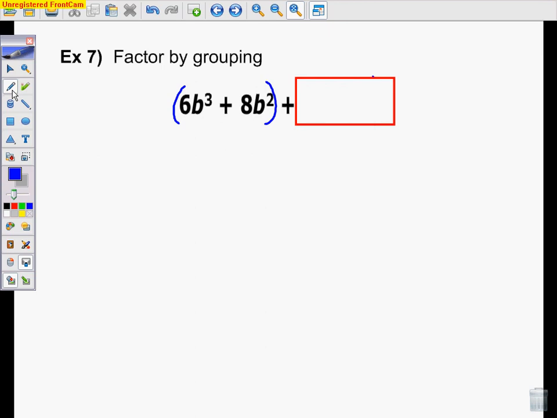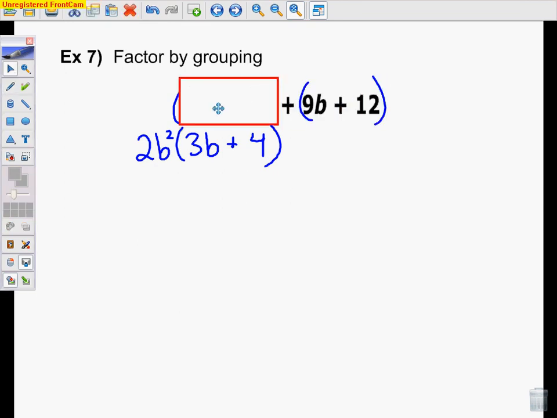Between 6 and 8, the GCF is 2. Between b cubed and b squared, the GCF is b squared. So we took out the 2b squared. What's left on the inside here would be 3b plus 4. And there we go. We factored the first group.